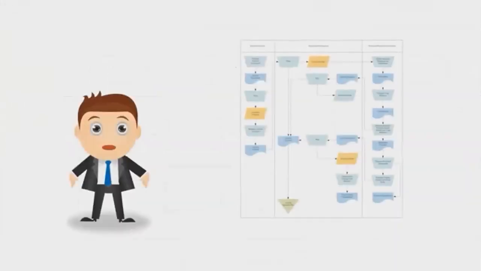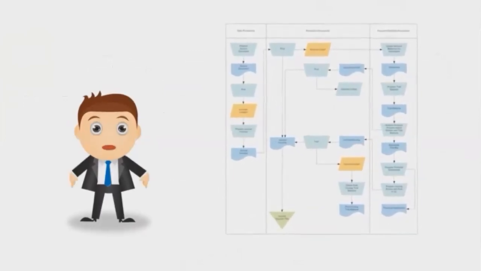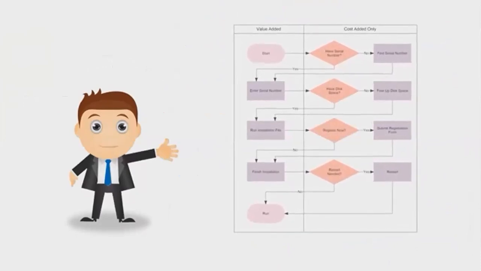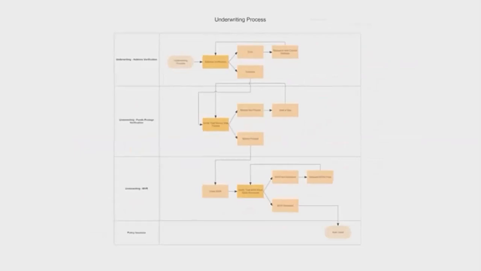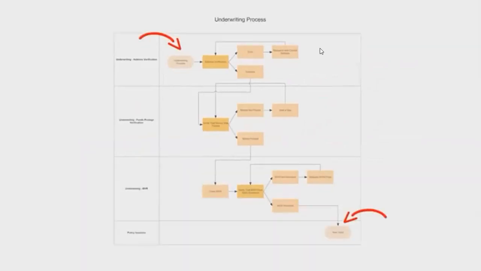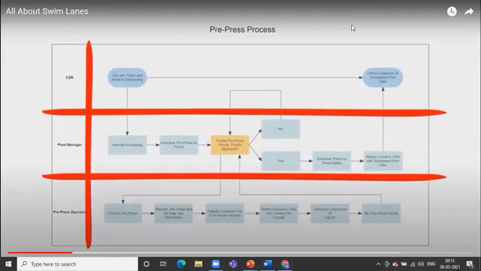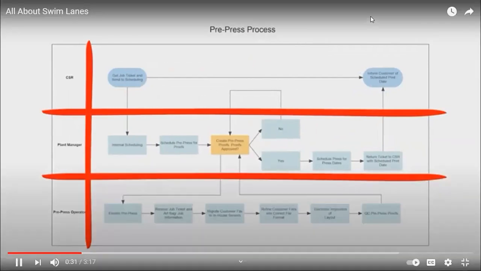Today, we're talking about swim lane diagrams, exploring what they are, how they are used, why they are beneficial, and how to start making your own. A swim lane diagram, also sometimes called a cross-functional flowchart, diagrams a process from start to finish, but it also divides these steps into categories to help distinguish which departments or employees are responsible for each set of actions.